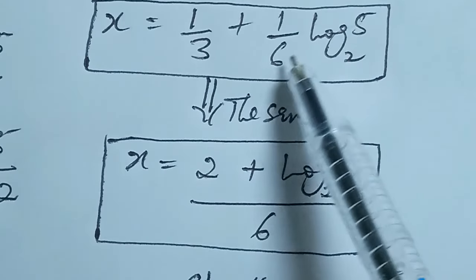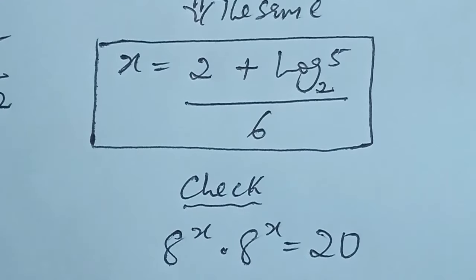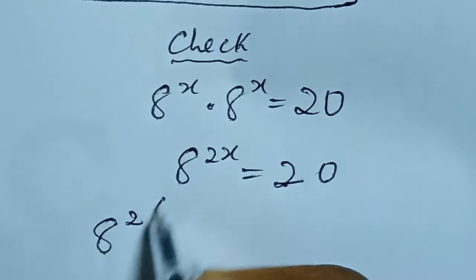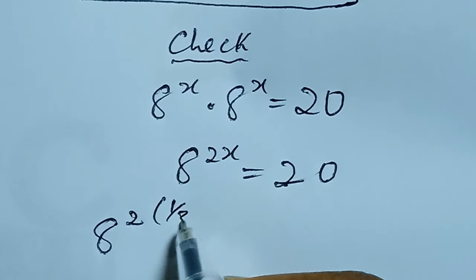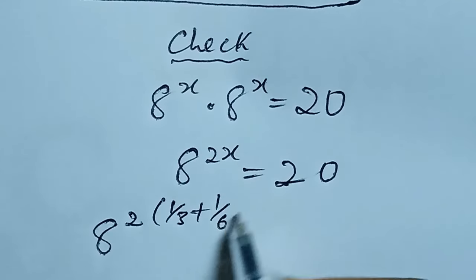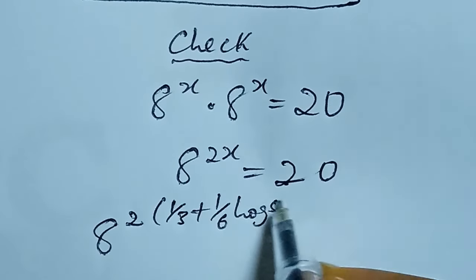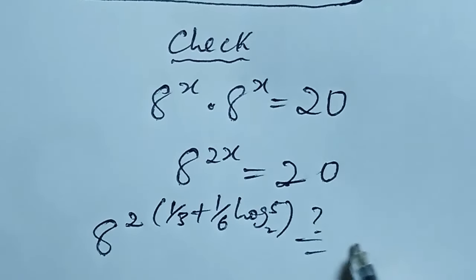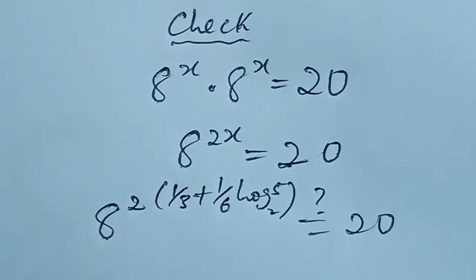Now let's take this. Okay, we have 8 to the power of 2 into brackets 1 over 3 plus 1 over 6 log of 5 base of 2. Would that be equal to 20?